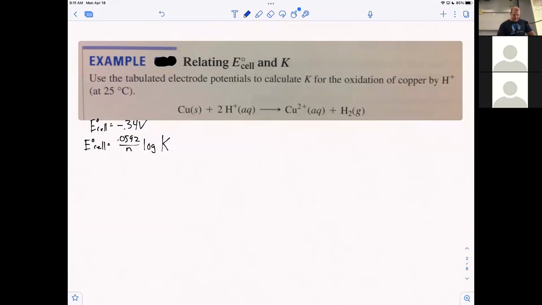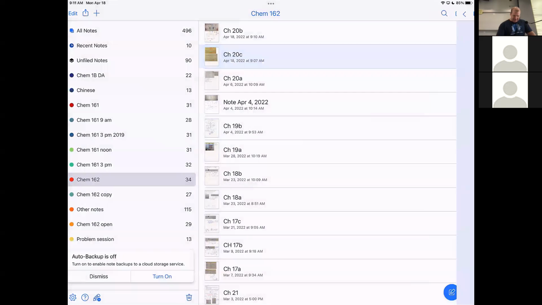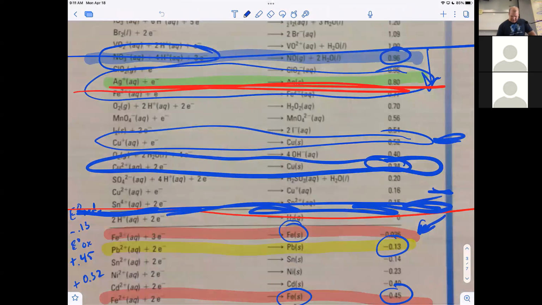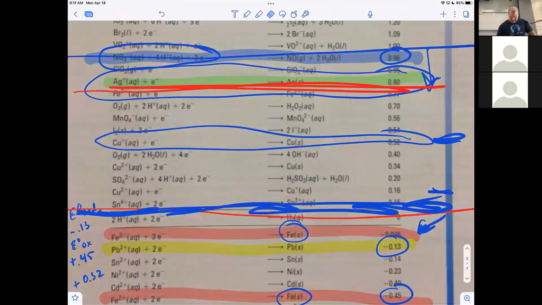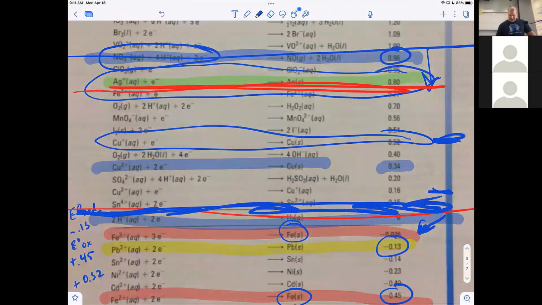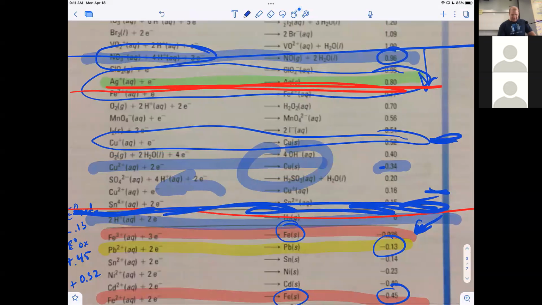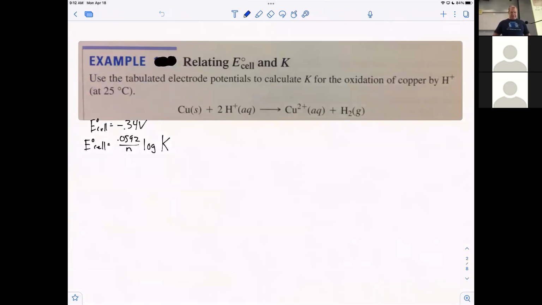It's negative 0.34, because for copper it's positive 0.34, and the reaction is going in the opposite direction. Hydrogen's is 0, so 0 doesn't matter, and you flip the copper one going the other way, so this becomes negative 0.34 volts. So E0 cell is negative 0.34 volts.